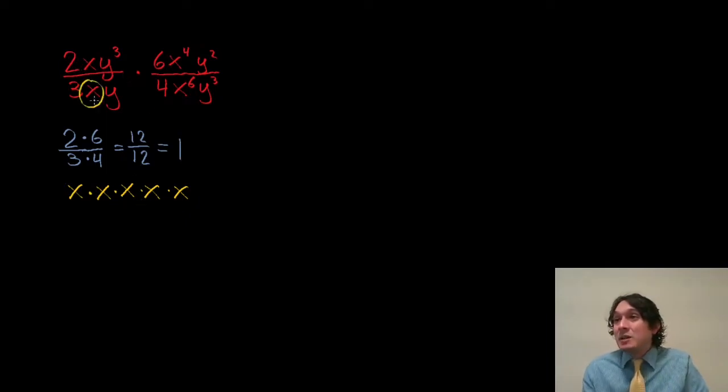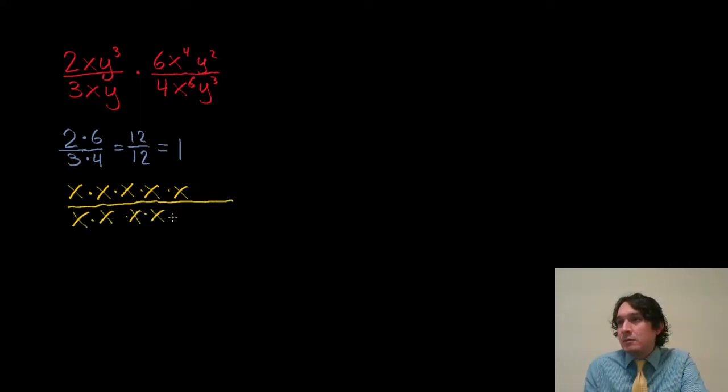I also have 1 on my denominator and then 6 more from the other fraction. So here's my x's, and now I can start canceling. Cancel, cancel, and keep doing so. Make sure that you pair up one numerator, one denominator being canceled. And there we go. I've canceled 5 multiplying factors and 5 dividing factors.